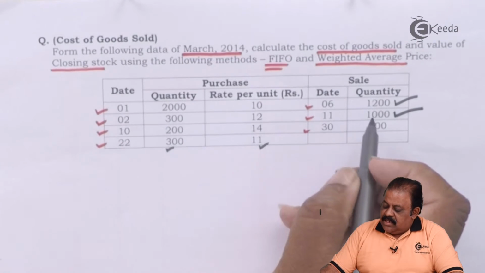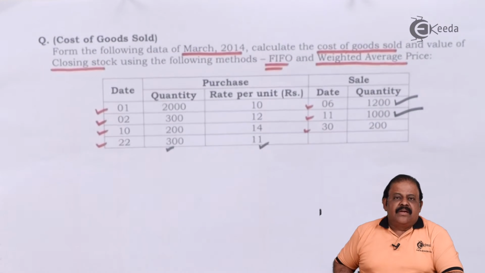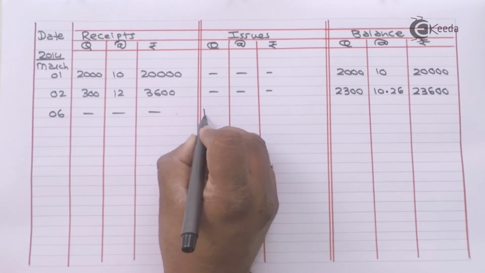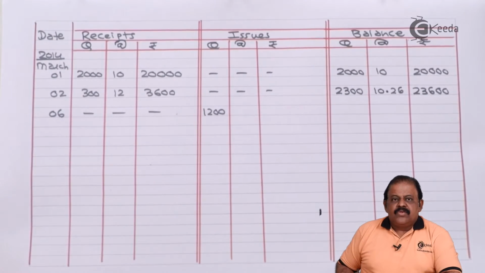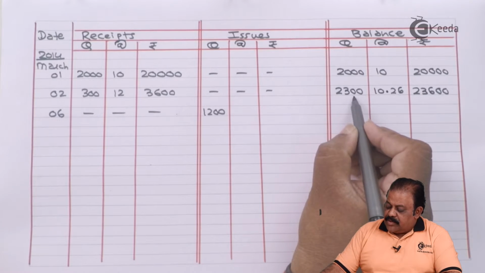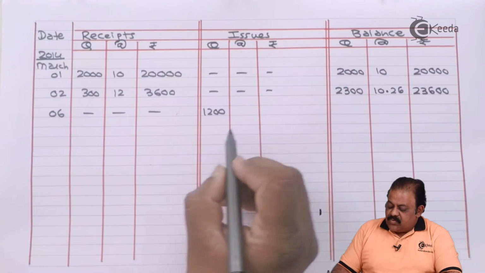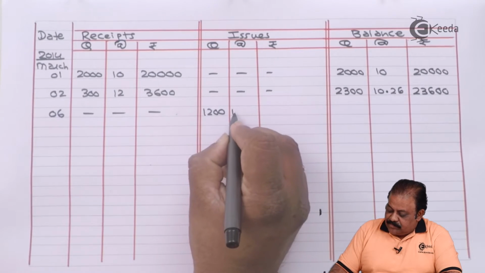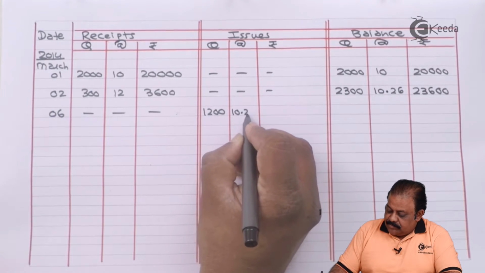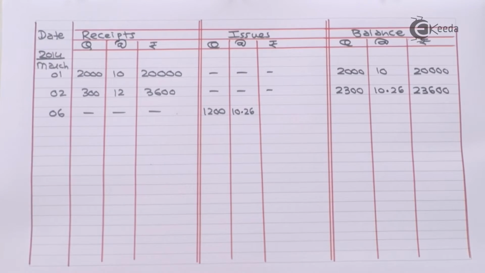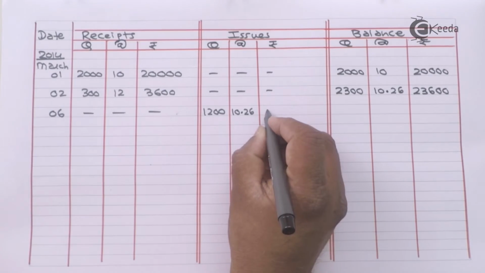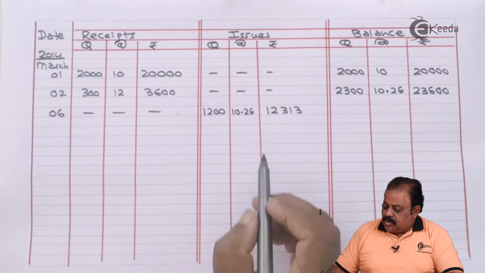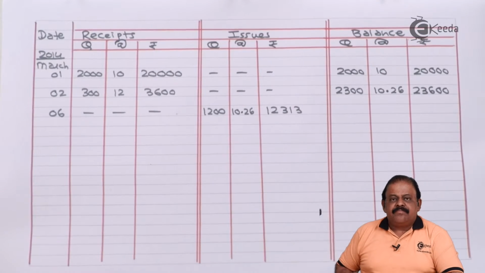On 6th, there is sale of 1200 units. So we had stock of 2300 units. Of this we have sold 1200 units. Rate is 10.26. Value 12,313.